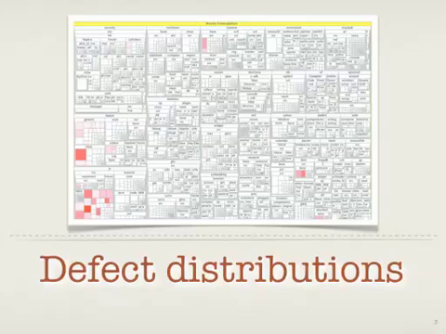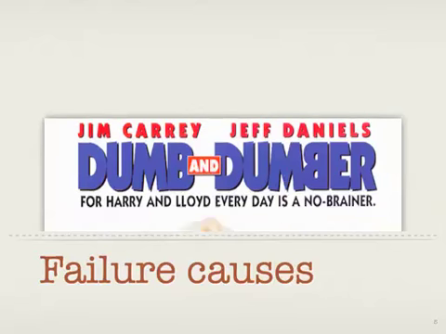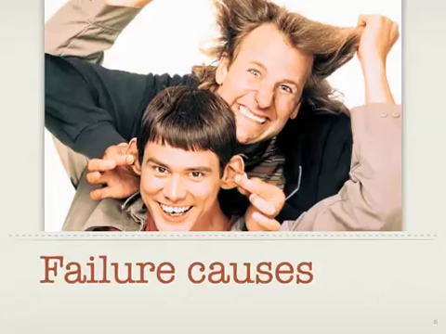The question, however, is, as we already have seen, what is the action that we're supposed to take from here? There's been a plethora of work in the past years that has tried to relate these defect distributions to individual features of the product or the process. For instance, you can relate failures to the ability of your programmers, to their experience.